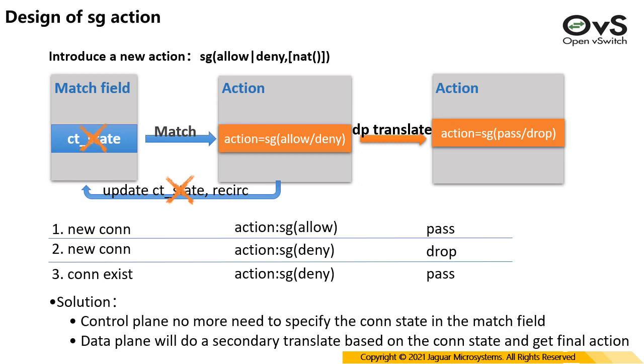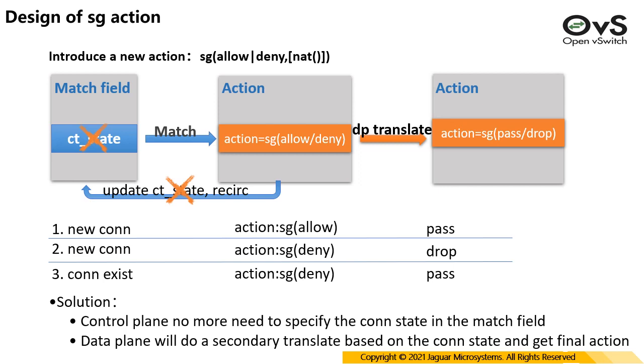Allow and deny in fact are not concrete actions that can be executed. They will be translated into pass or drop separately based on the connection status. For allow, no matter whether the connection exists or not, it will translate into pass, and the packet can continue to do the later actions.